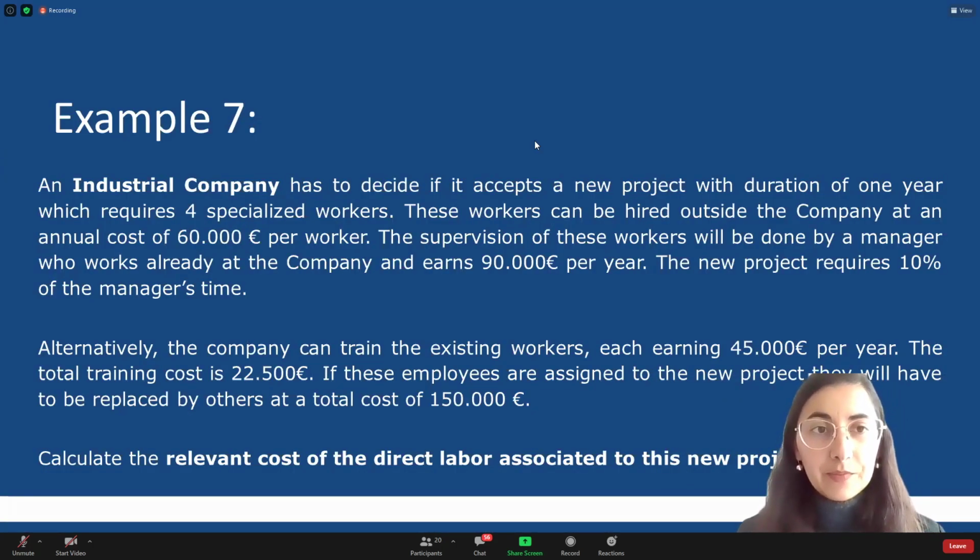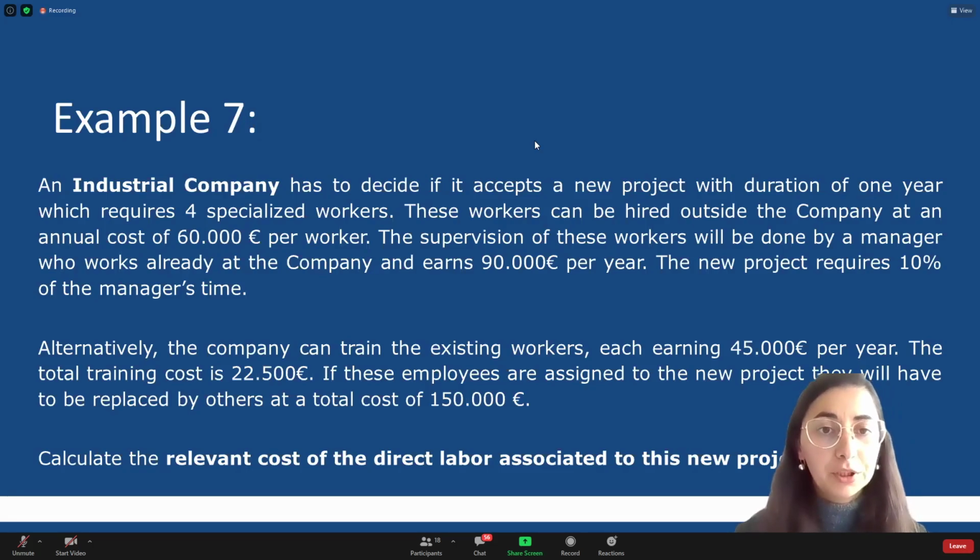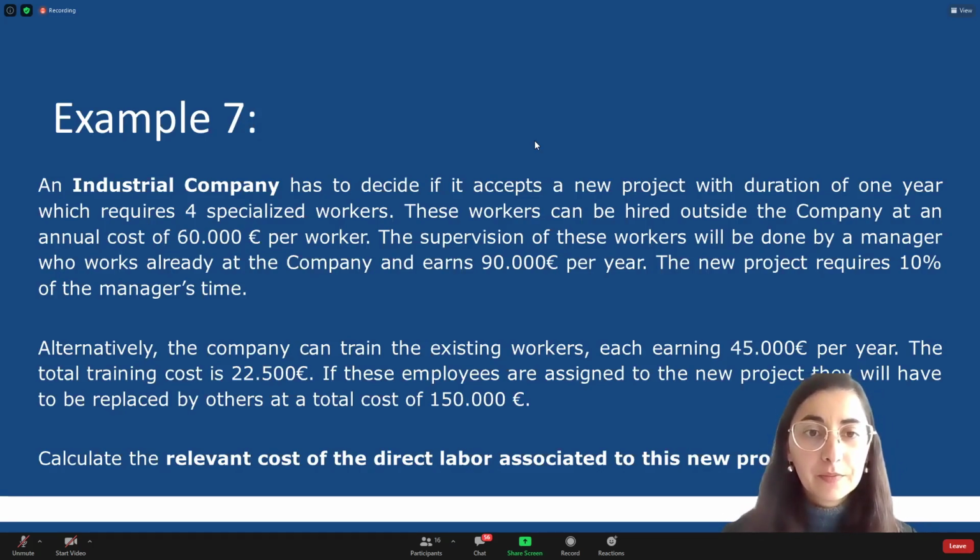The first option would cost us 240,000. The first option, which was to subcontract the 4 specialized workers, the relevant cost would be 4 specialized workers times 60,000, which would give us 240,000. So we forget the 10% manager's time, right? Exactly.